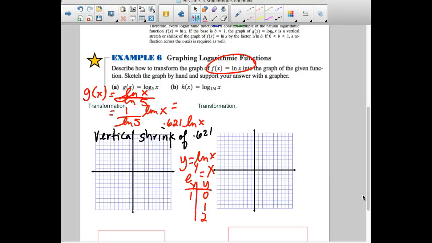E to the first power, 2.7 roughly. Okay, e squared. What's e squared? Type it in your calculator, e squared. Okay, so about 7.4. Okay, so go ahead and plot those points.